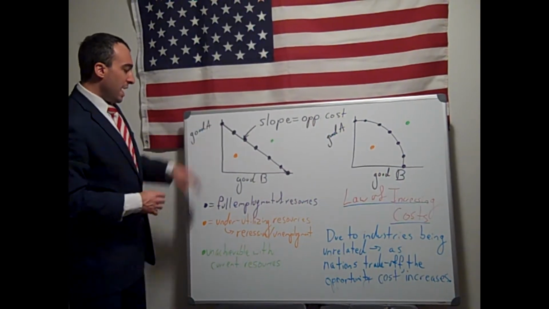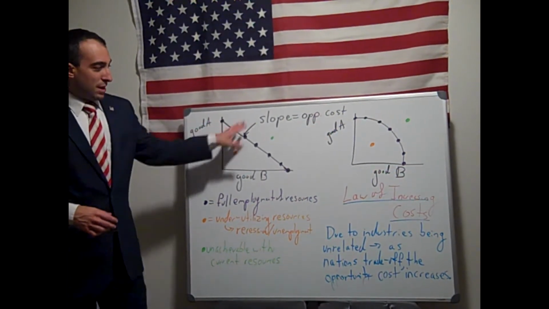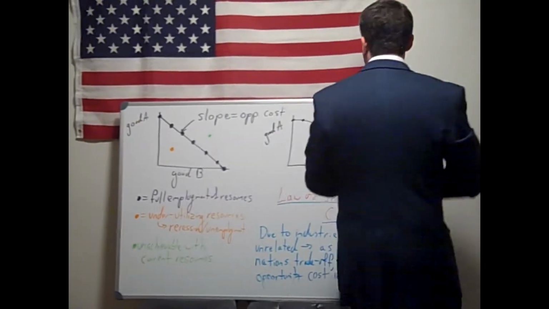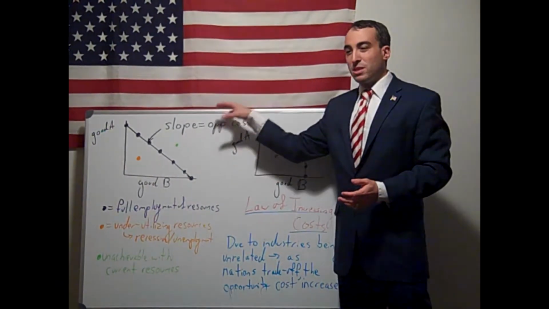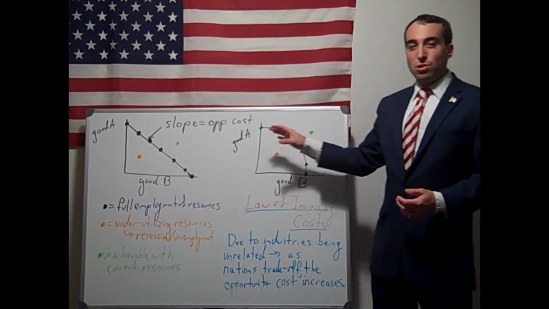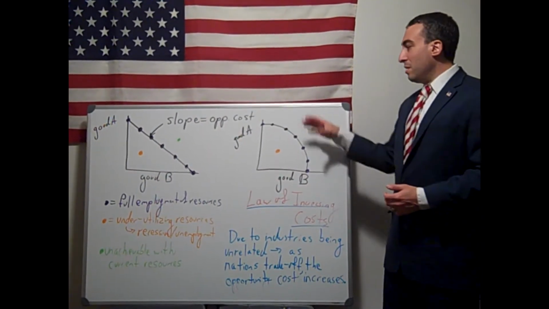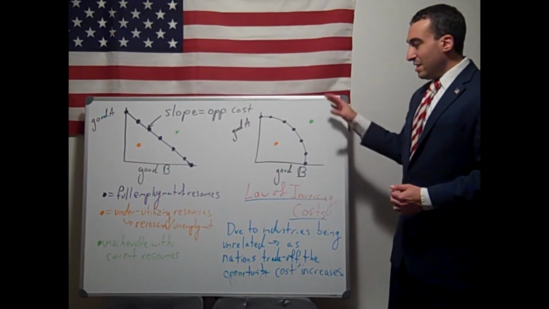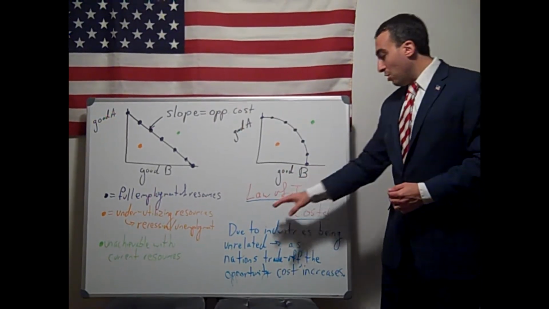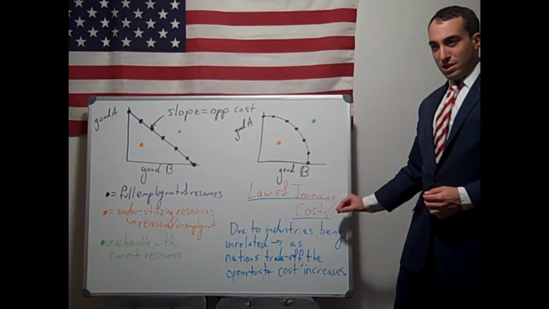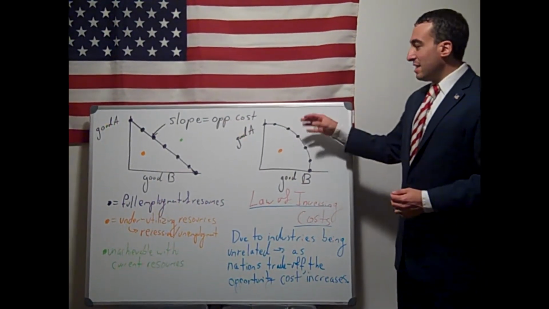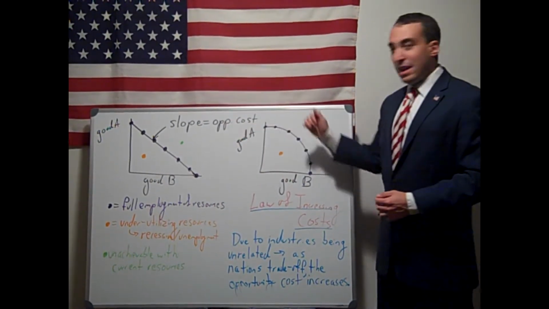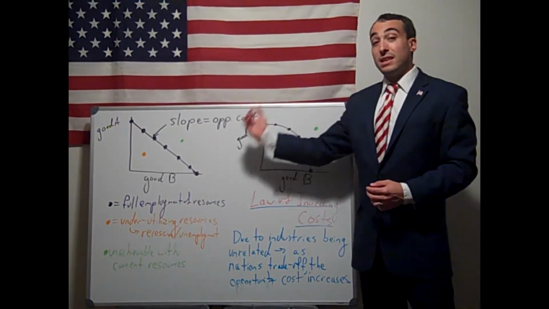And here we have all of the purple dots. Well, actually, before we go to that, let's take a look at this other PPC. Same thing, since the slope equals the opportunity cost, this is called a concave PPC. And this PPC represents the law of increasing costs. It is shaped differently because it illustrates that good A and good B are unrelated industries.